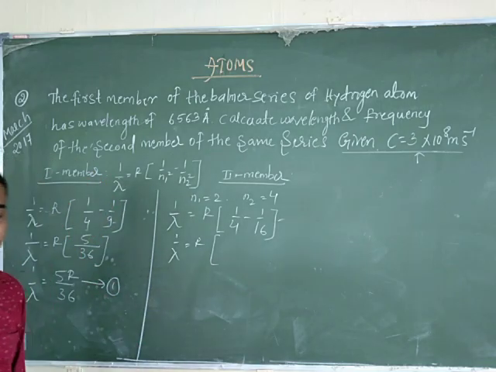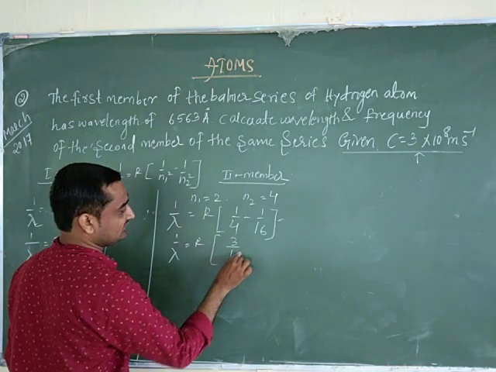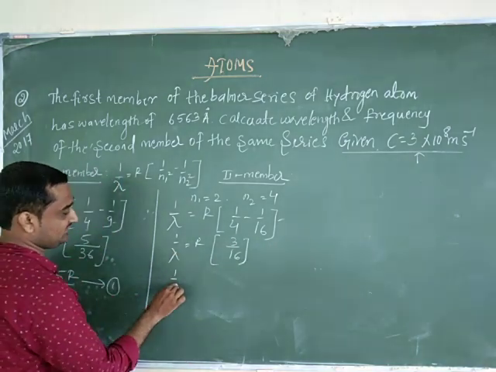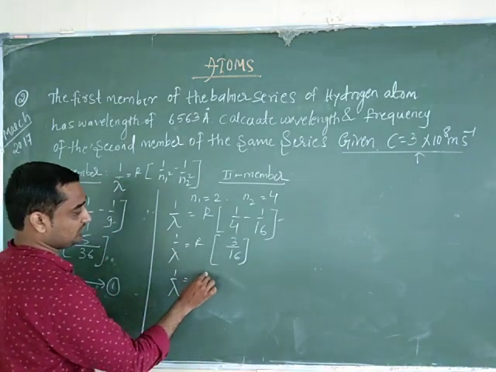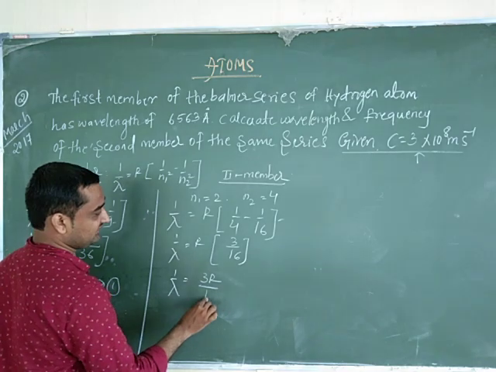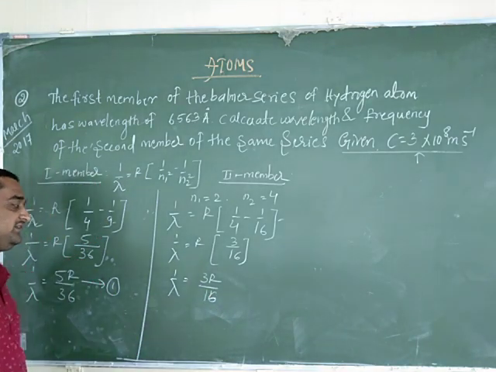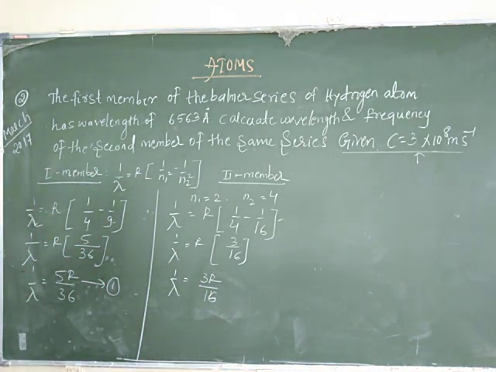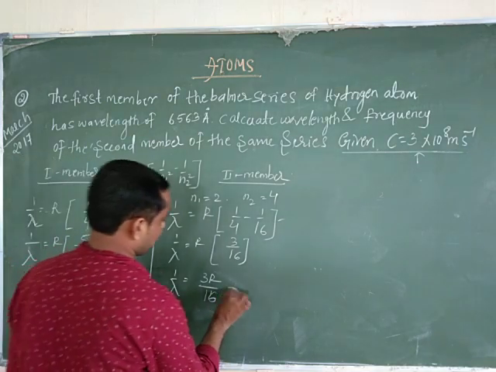Solve this bracket by taking the LCM, and we will get 3 divided by 16. Therefore, 1 divided by lambda is equal to 3R divided by 16.